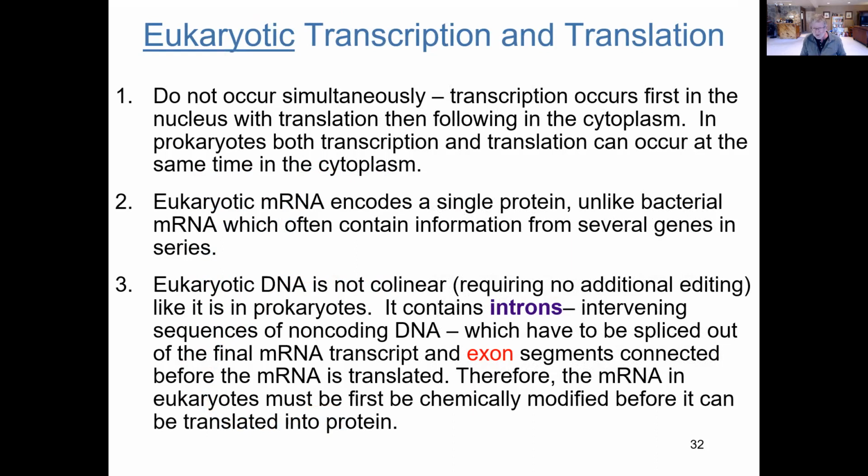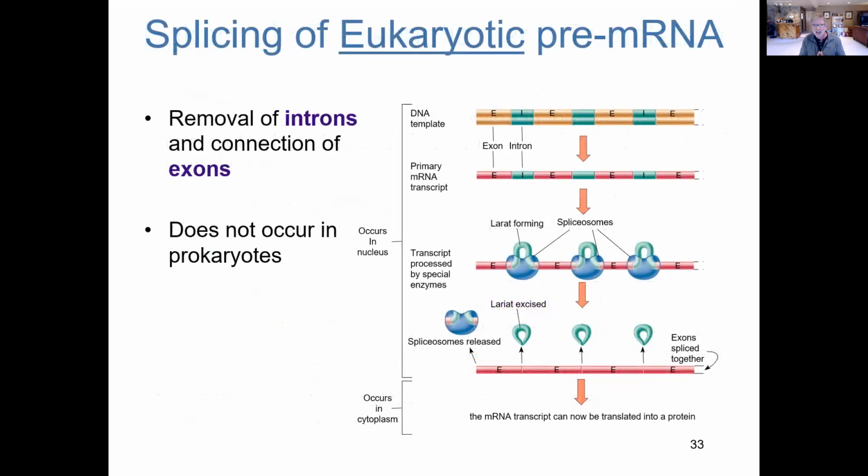You can read number 3, but it's not going to make much sense to you until you go to the next slide. So here is what I'm talking about: the editing of the transcribed messenger RNA prior to translation into protein. At the top of the diagram, we see the DNA template, one of the 2 DNA strands.